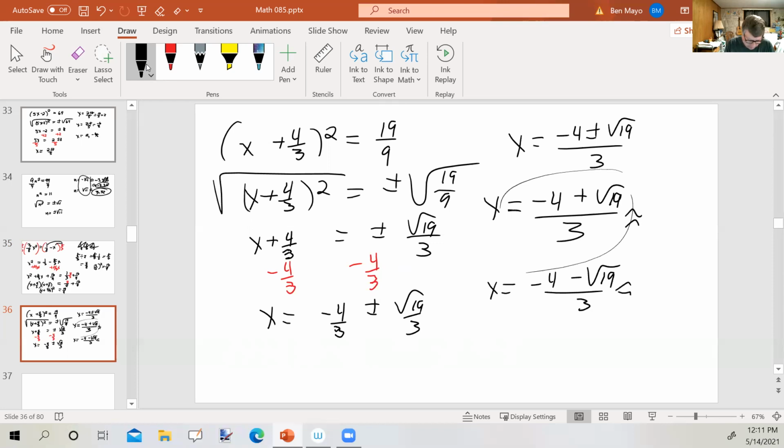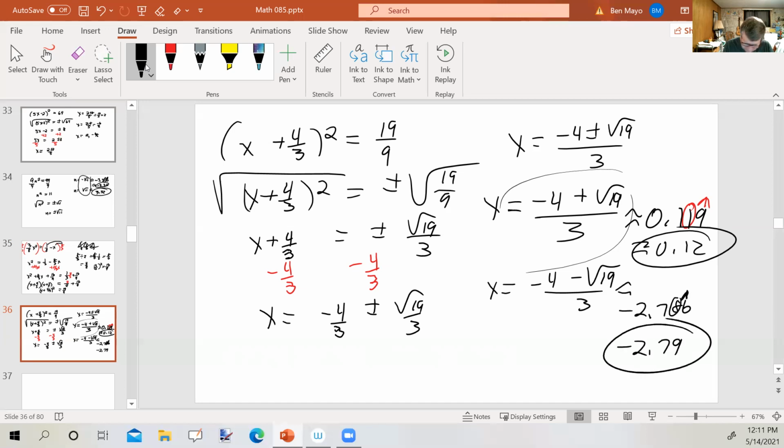Parentheses, negative 4 plus the square root of 19, close up the square root with a right-hand parenthesis, close up the entire thing with another right-hand parenthesis, divided by 3, 0.119, and rounding to the nearest hundredth, the 9 would round up, so we get 0.12. And then the second one, we get negative 2.786, so the 6 would round up, negative 2.79.